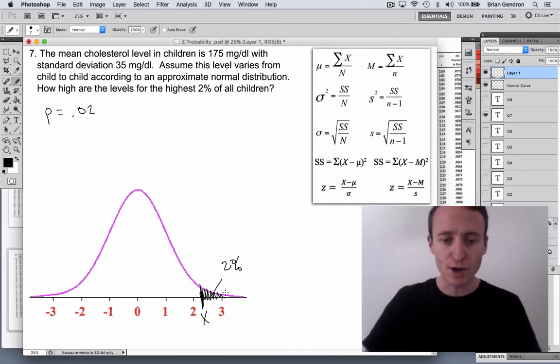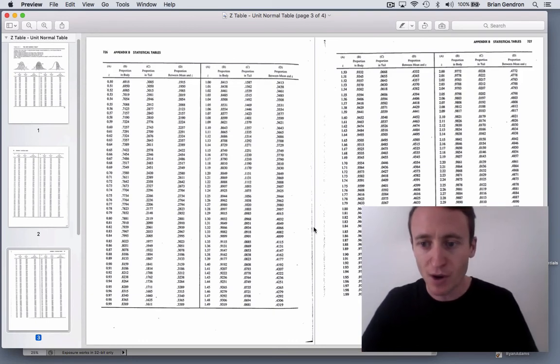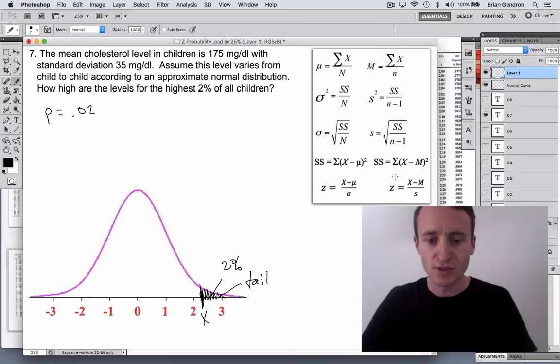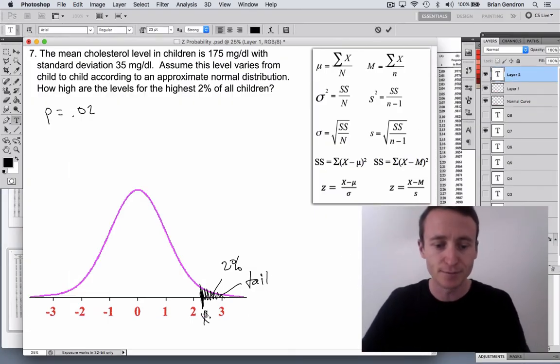So what we're doing here, though, is we're going to go first to the tail column of our table and look up 0.02. So find a proportion of 0.02. It looks like this value right here, 0.0202, is the closest value, and I see a z value of 2.05.